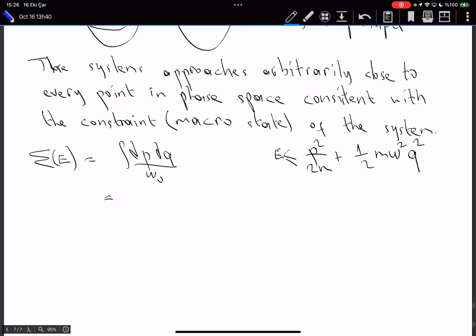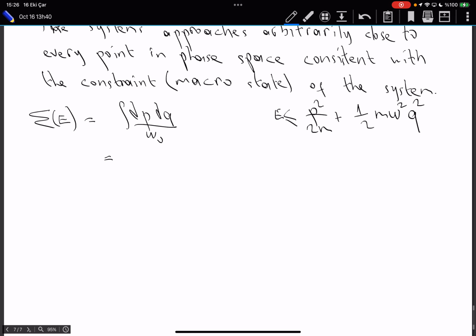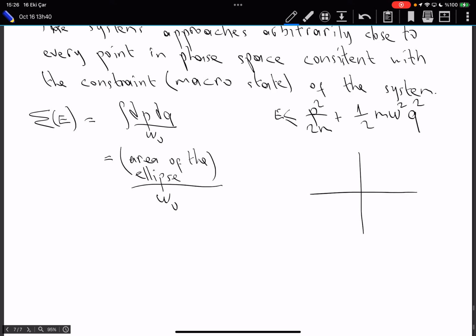You know this. You are just integrating, looking at the area of the ellipse. I do expect you to know these. This is my ellipse in P and Q. This point is square root of 2mE. This point over here is square root of 2E over m omega squared. So what is the area?